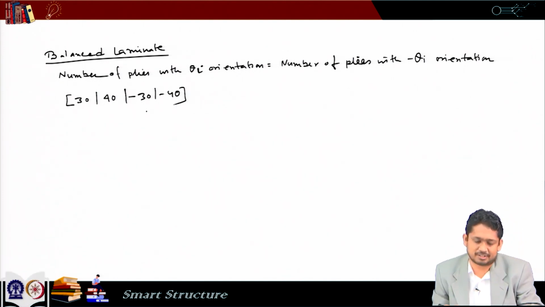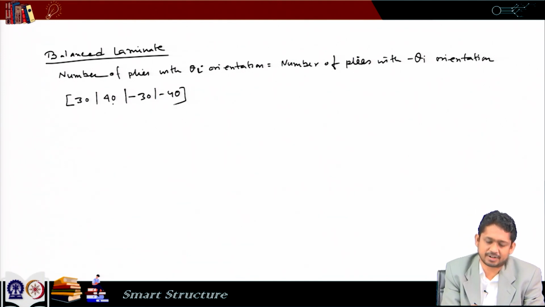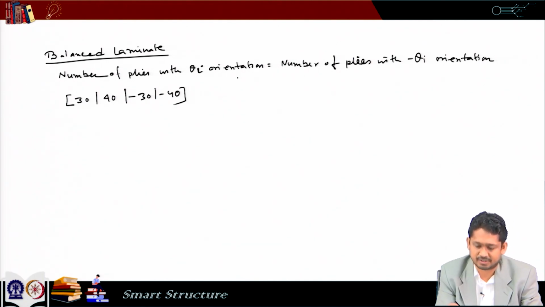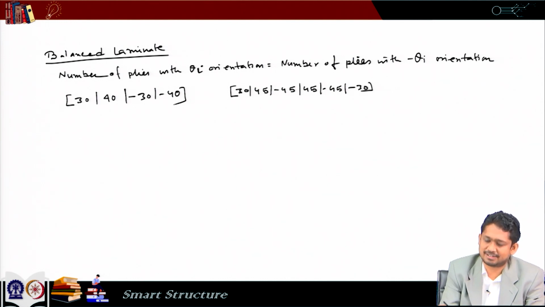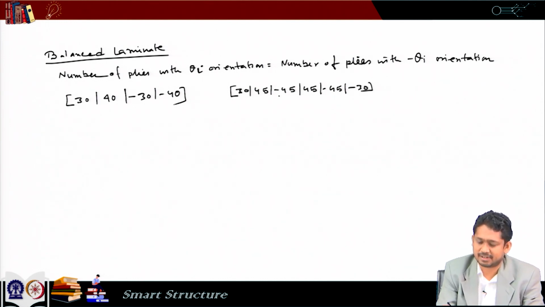So, that is a balanced laminate, because if I have a 40, I have a minus 40, if I have 30, I have a minus 30. Similarly, if I have something like 30, 45, minus 45, 45, minus 45, minus 30, it is also balanced, because I have one 30, I have one minus 30, I have 2 45s and I have 2 minus 45s. So, it is balanced. So, these are for angle ply laminates.